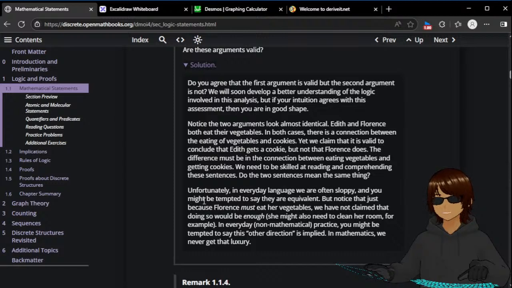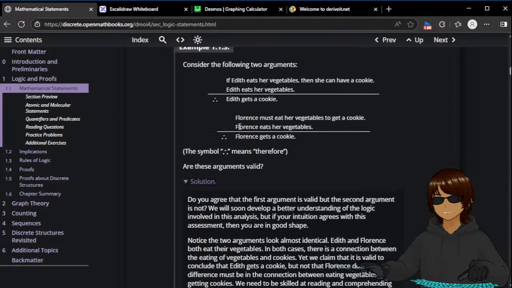But notice that it says Florence must eat her vegetables to get a cookie.